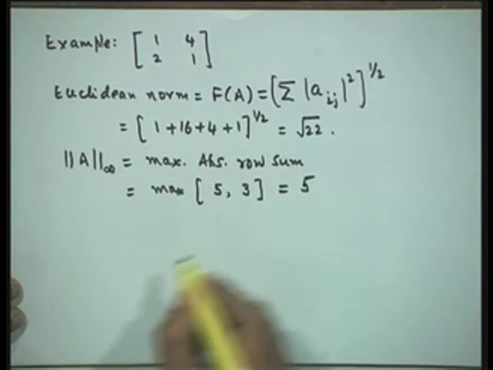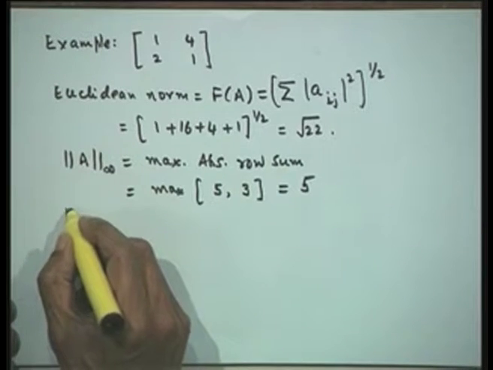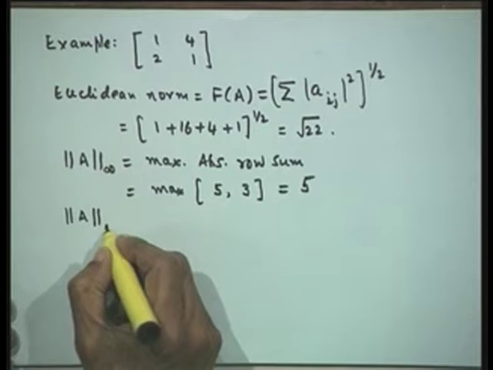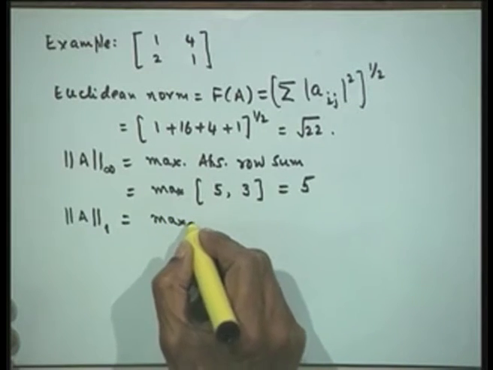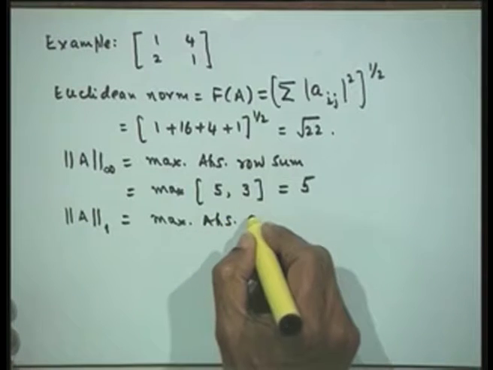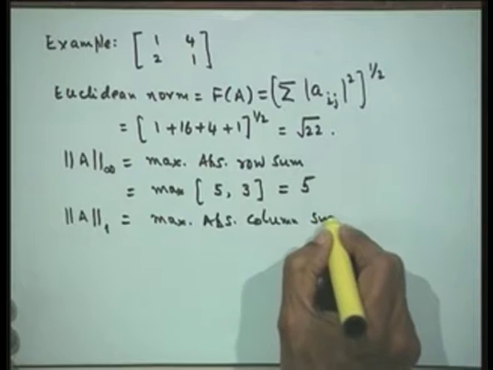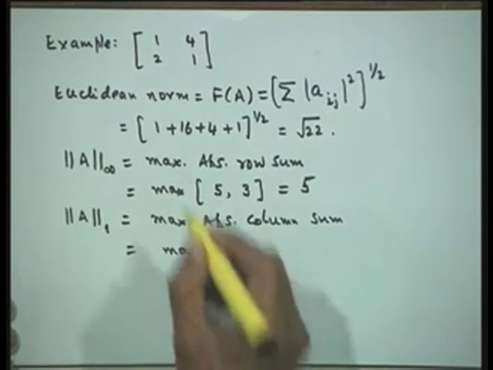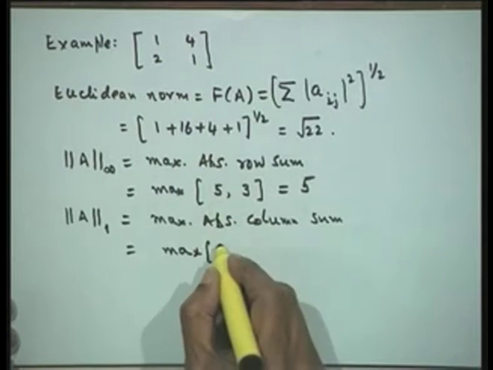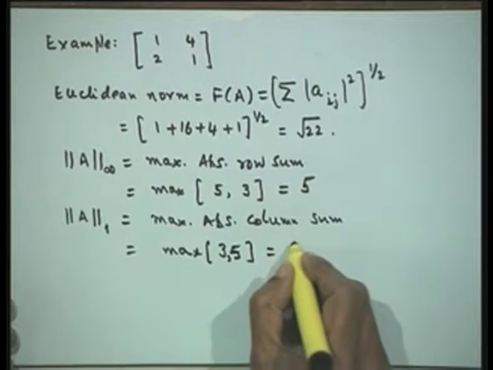So, this is 5. Then we have given the maximum absolute column sum also as a measure. This is the maximum of 3 and 5, that is again equal to 5.